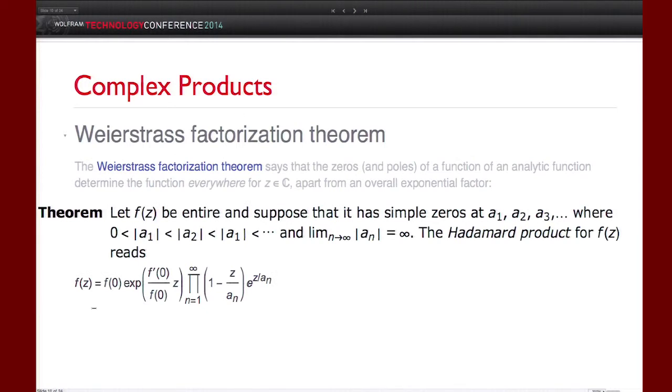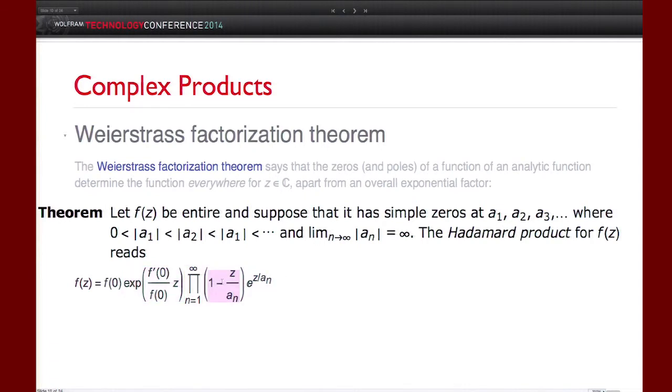I'm not going to go into the details, and I'm no expert on it. But the key is this result that says if you have a function with simple zeros, you can write it as a product. There are more general cases, but you can write it as a product which involves the value of the function at 0, a simple exponential factor, and an infinite product.